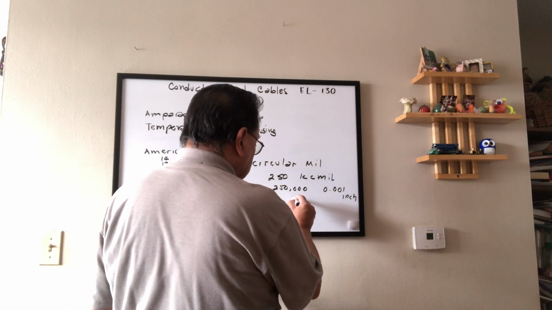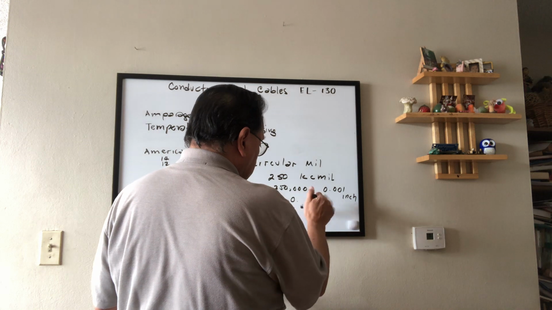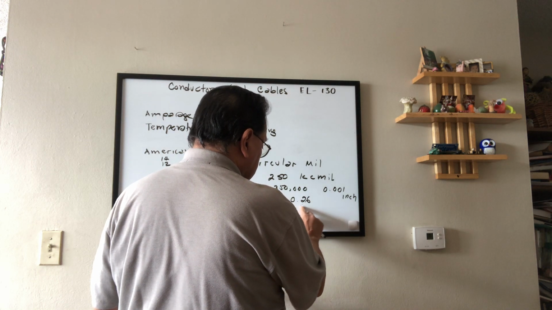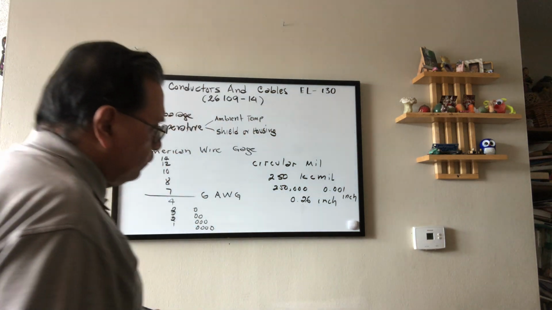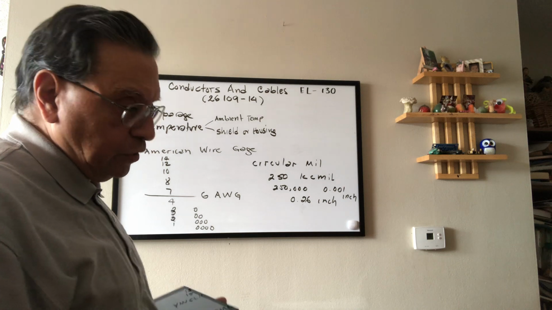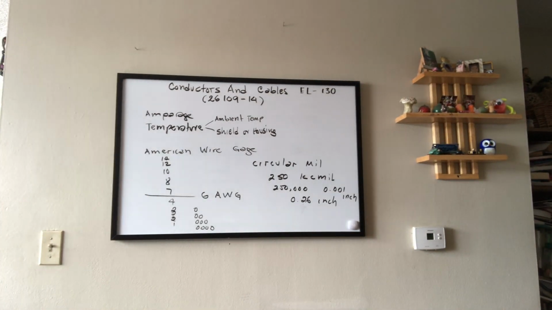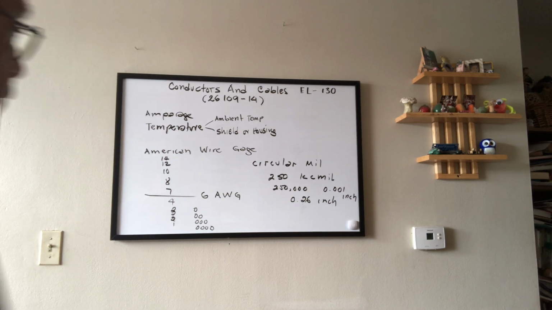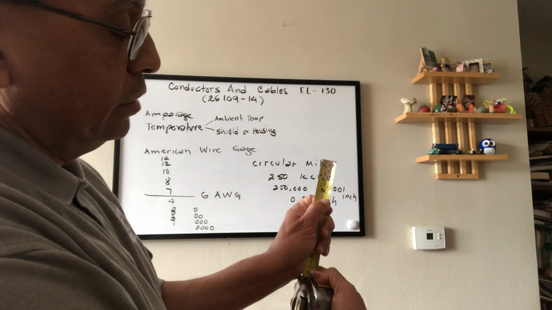And this is equivalent to a 0.26 inch diameter, a little bit more than a quarter of an inch in diameter. So if we check a quarter of an inch, we are going to see that it is equivalent to 250,000 or 250 kcmil, which is this diameter.